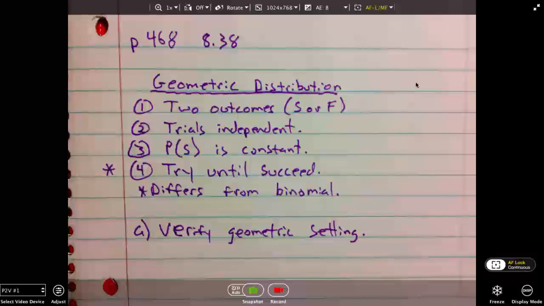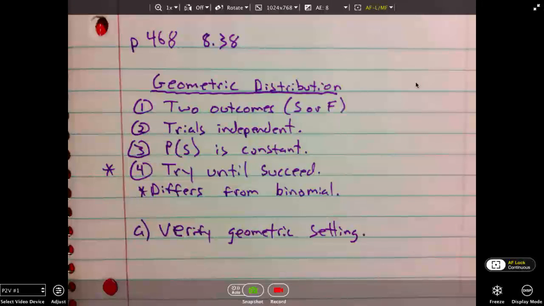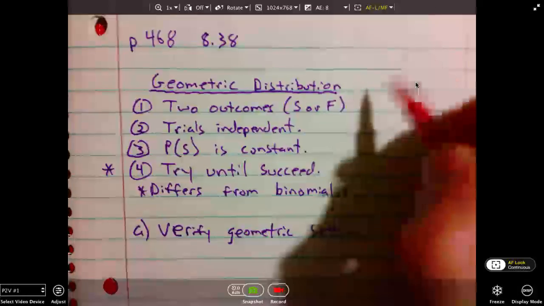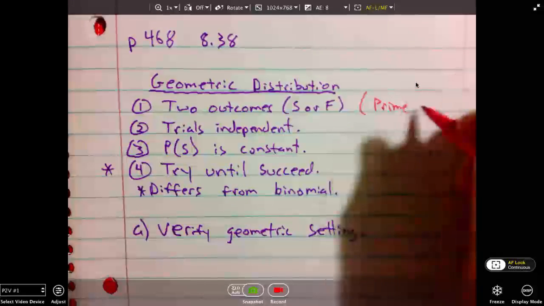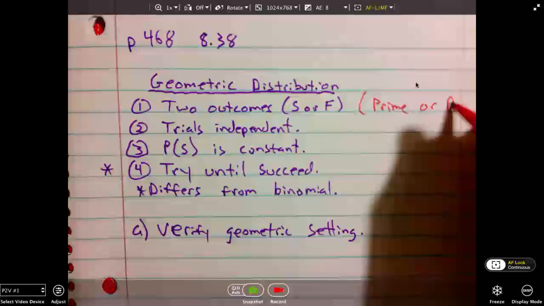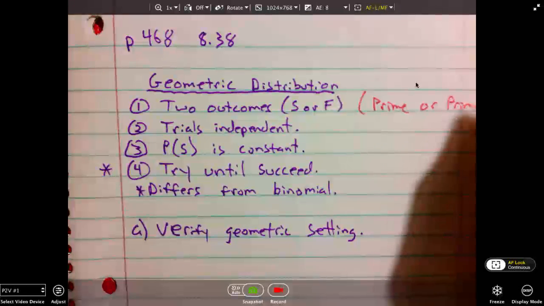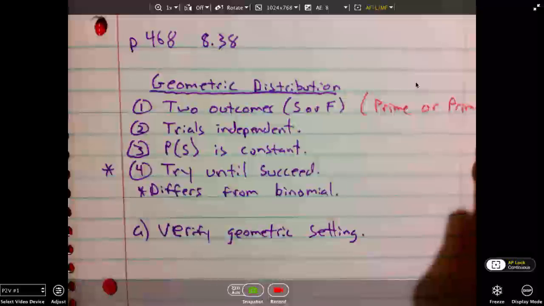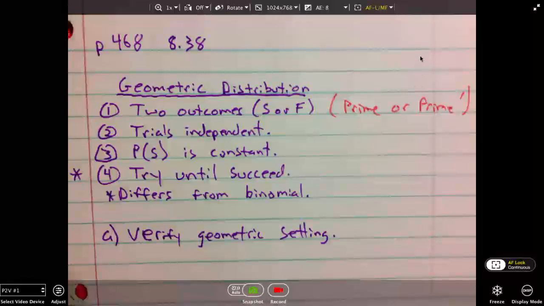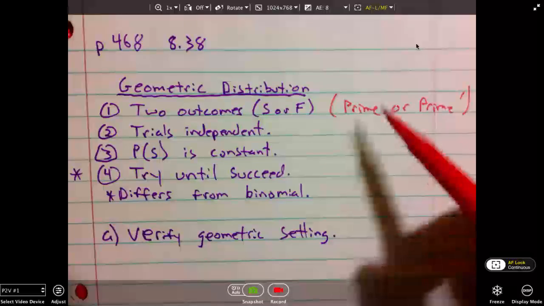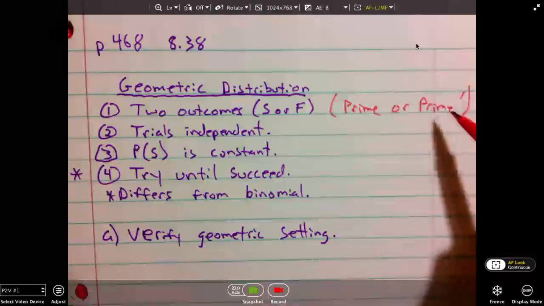Well, it says we're going to roll a die, and we want a prime, so it can be prime or not prime. Two outcomes in this case, prime or not prime. We sometimes call that little character not prime. We can have a prime or we can have not a prime.